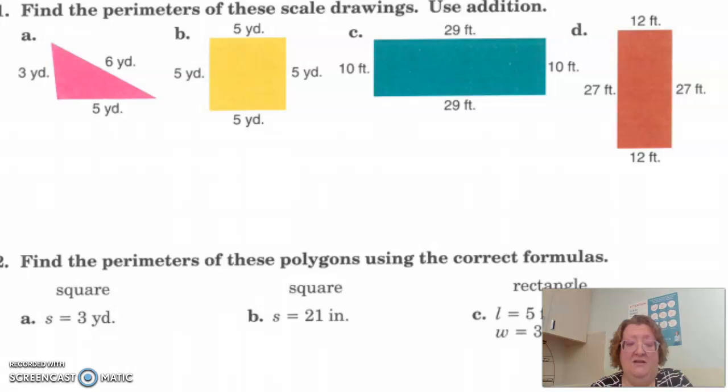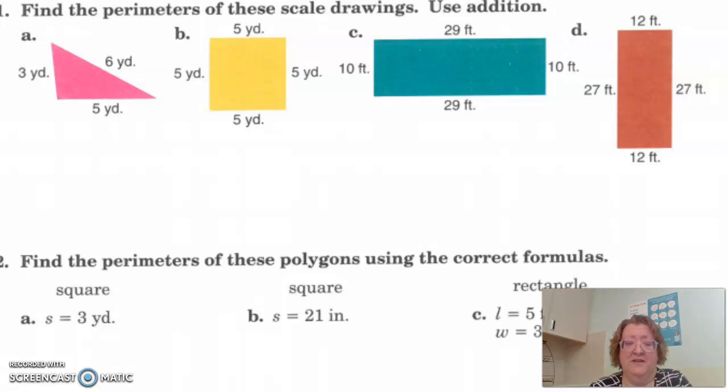So for letter A, we should have had 3 times 4, or 4 times 3 equals 12 yards. All right, let's do letter B. We should have done that one quite quickly. 21 times 4 would give us 84 inches.